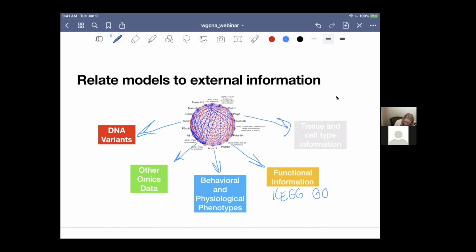And then finally, we can also look for tissue and cell type specific markers within our co-expression module to get an idea of relevant areas. So if we're looking at whole brain, are there some relevant regions? Are there some relevant cell types to this particular association?